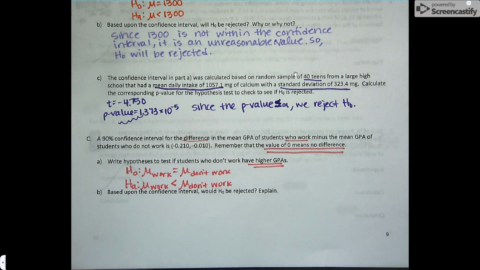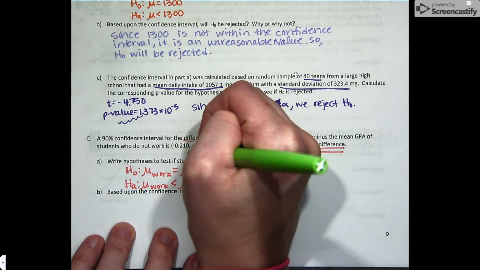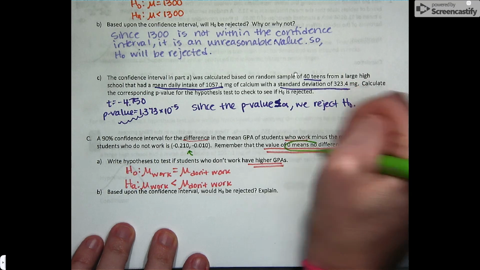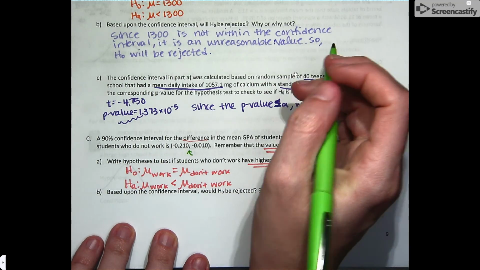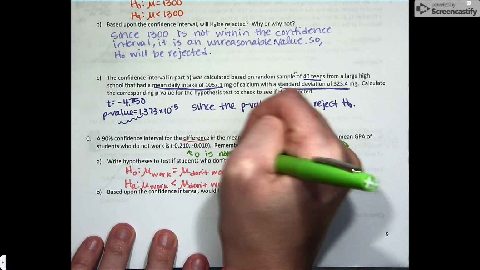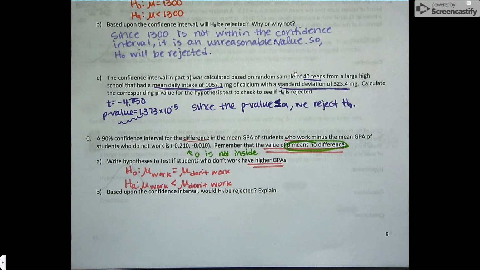Without even doing any calculations, and this time I'm not going to prove it to you because they don't ask us to, we should just know based off the confidence interval. Within this confidence interval, if there's no difference, 0 would be a plausible value. But 0 is not inside, right? 0 is what means you have a difference or not.